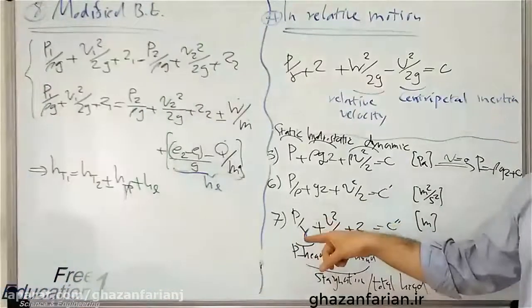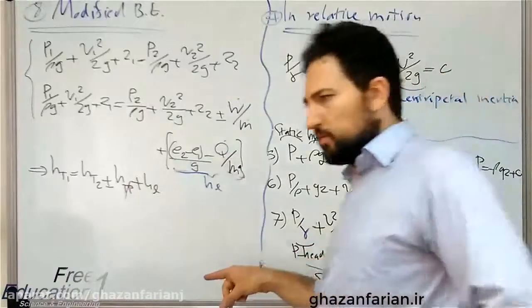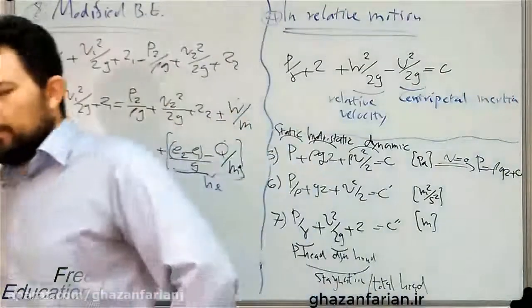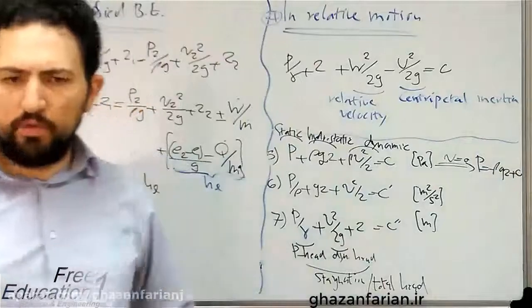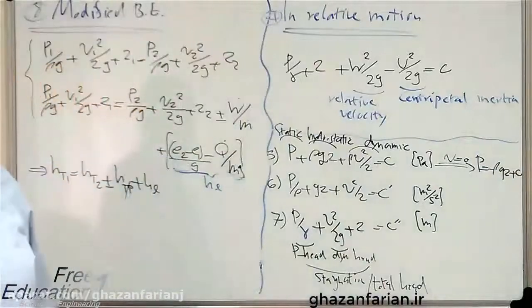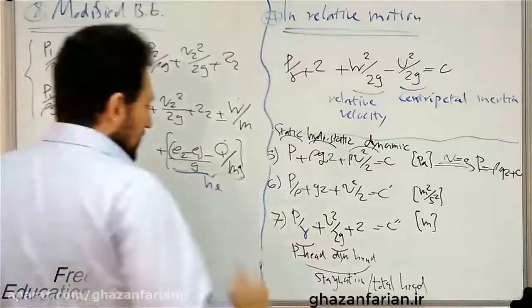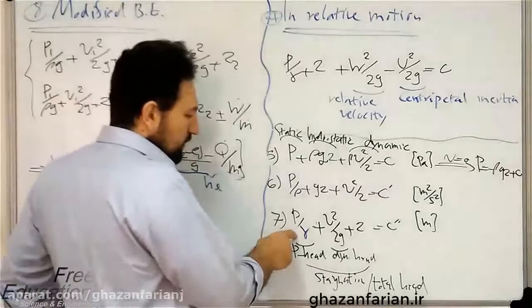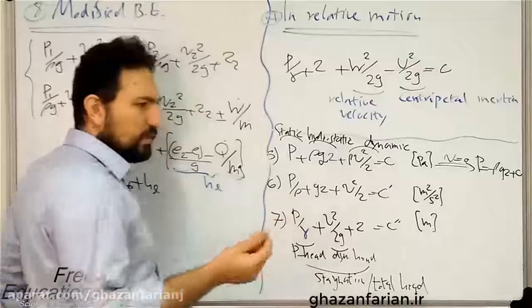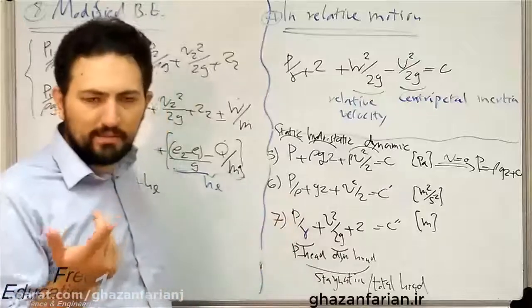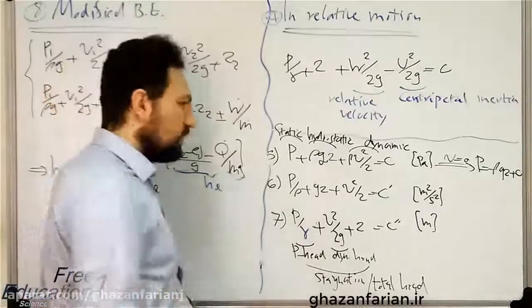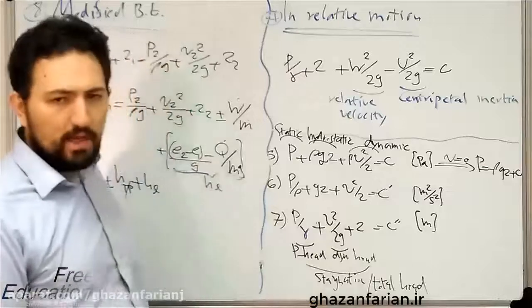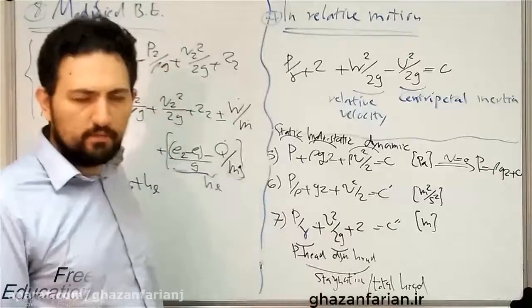And the seventh version of the Bernoulli's equation is similar to the fifth version, but this time we divide both sides of the equation by the specific weight, or gamma. This way, the dimension of each term in the equation is the dimension of length, because such quantities are called, for example, head.